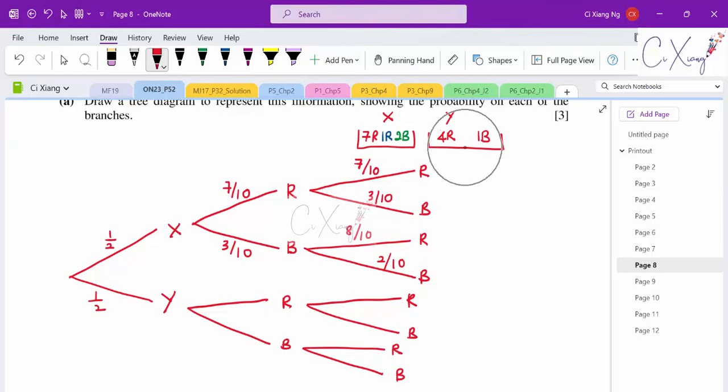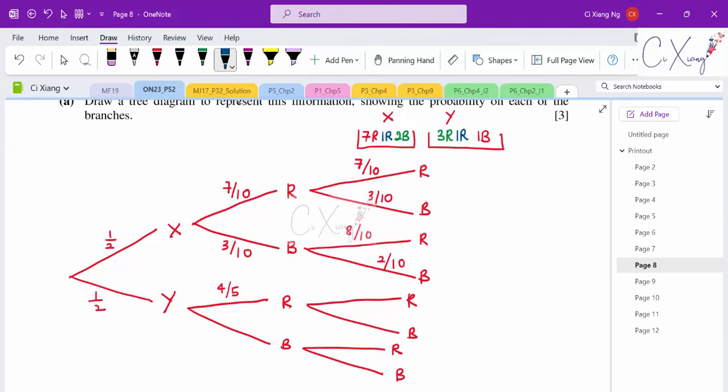In total there are 5 marbles in the bag, so it will be 4 over 5. Then if you selected one red marble from Y, you are left with only 3 red marbles. After you select one marble already, they will add one red color marble into the bag, so you have one more extra red color marble here.